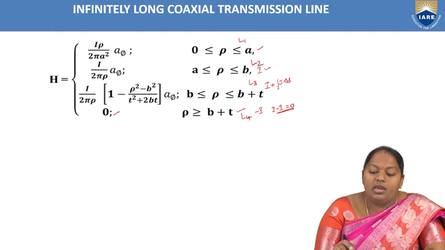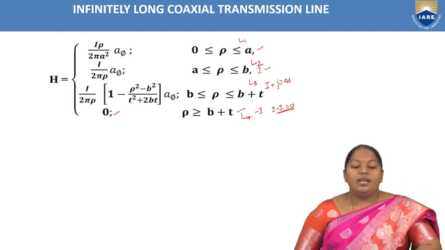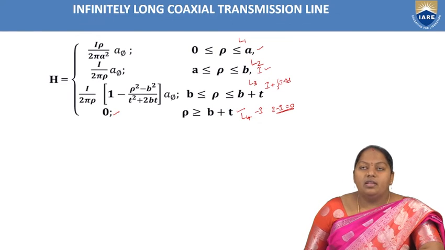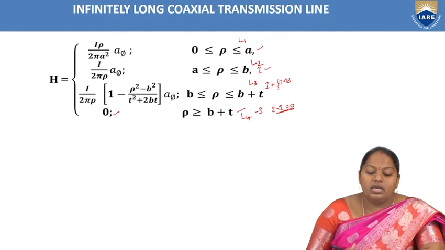So this is the way we have evaluated four conditions for the infinitely long coaxial transmission line. There we have considered four regions: 0 to a, a to b, b to b plus t, and rho greater than or equal to b plus t. We have evaluated the magnetic field intensity H in all the cases.